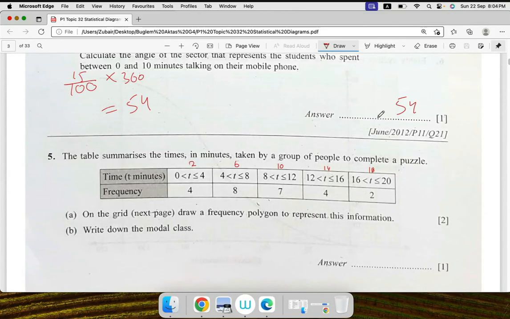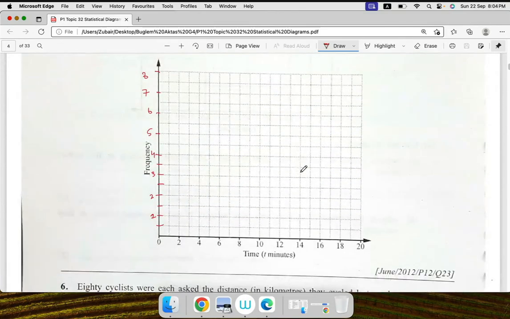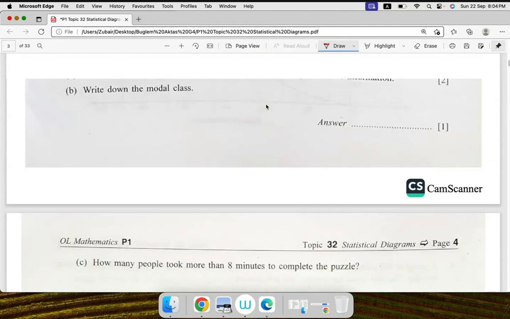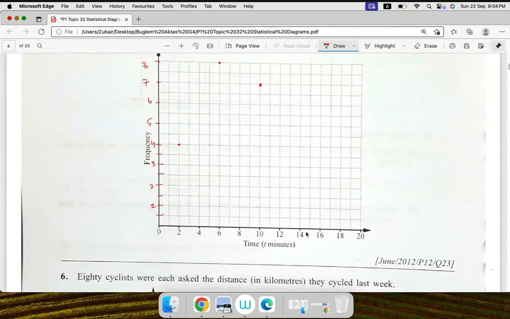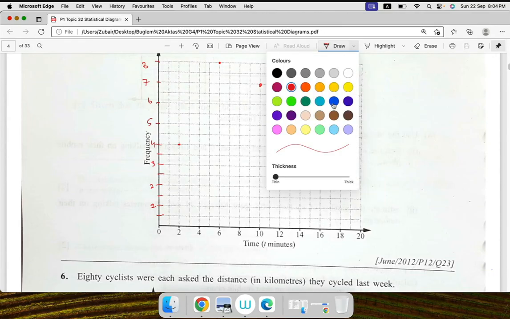So this is 4, 8, 7, 4, 2. Now the frequency polygon.